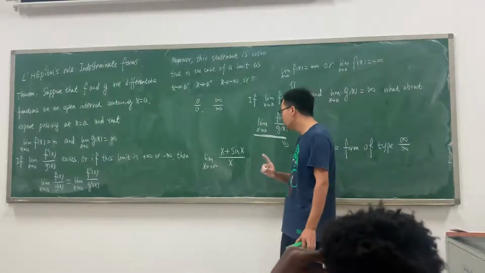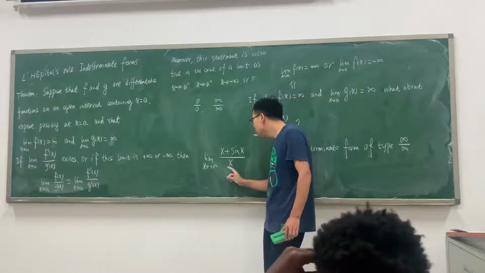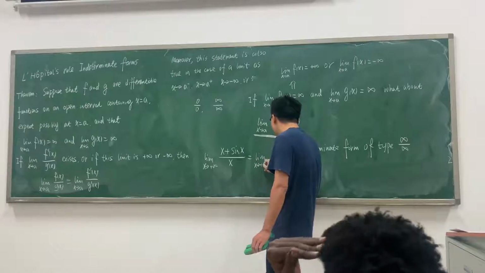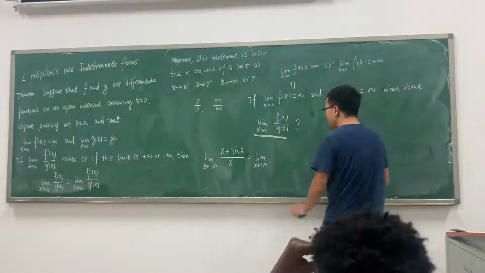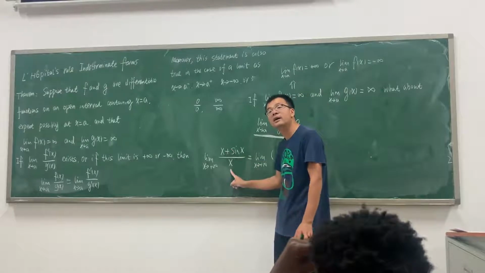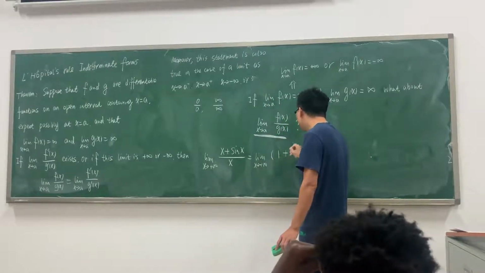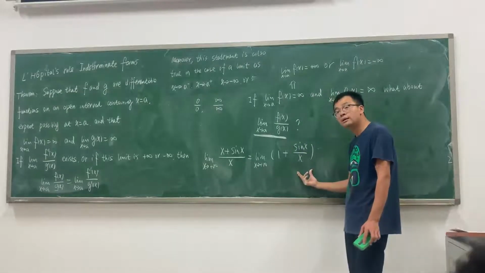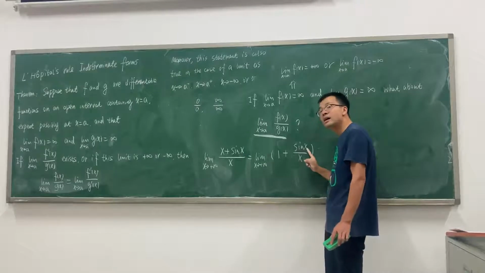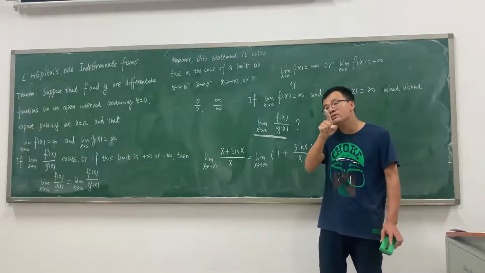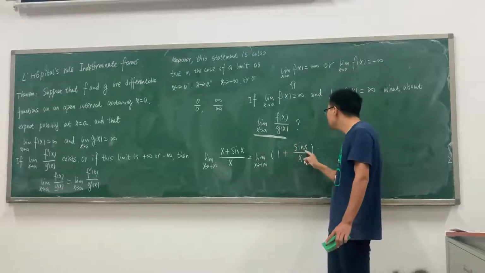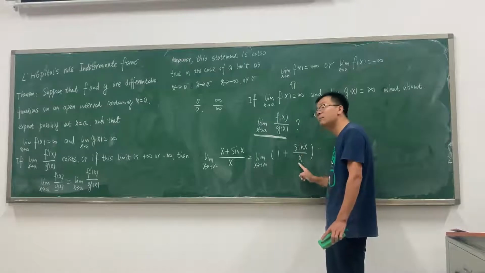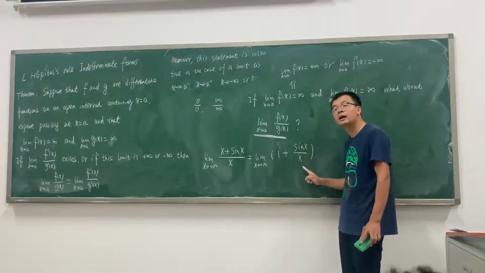We can divide it as the limit as x approaches plus infinity of x by x, which is 1, plus sin x by x. We know sin x is between -1 and 1, so here it is bounded, but x approaches plus infinity. So this limit actually is what?